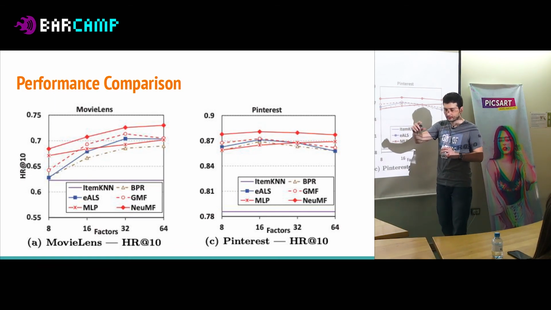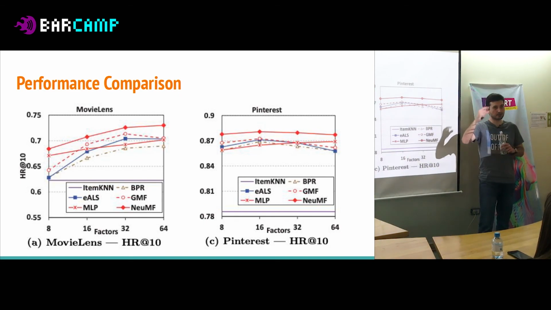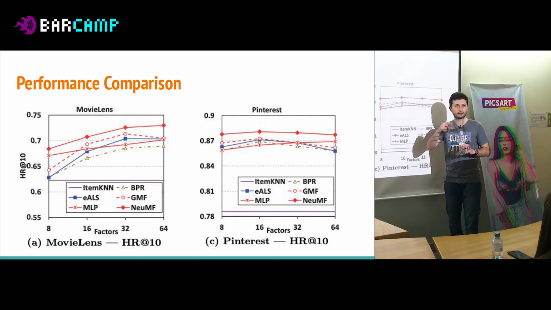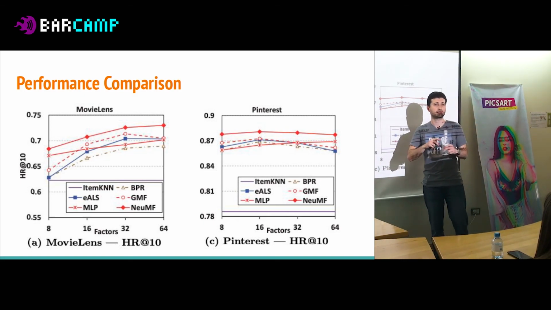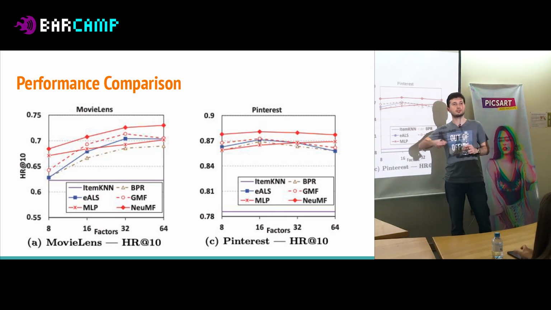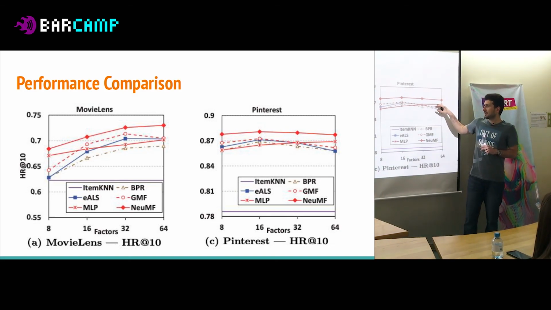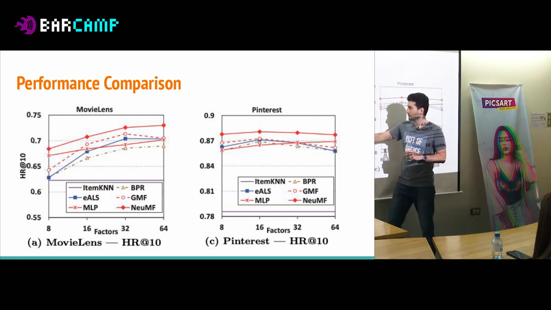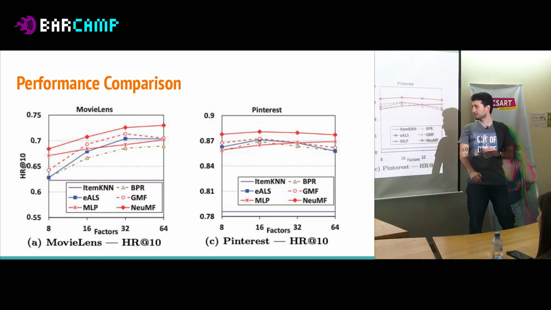If in the top 10 items with the highest score given by your algorithm, the correct positive item, the one that we know that the user has enjoyed, is present, we consider this as 1. If it's not present, we consider this as 0. And then we just calculate the fraction of the cases when we get 1 out of all cases. And you can see here that the NCF framework, in these particular cases, outperforms other algorithms.